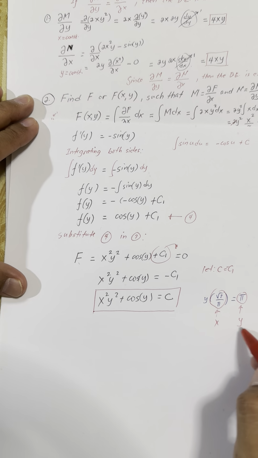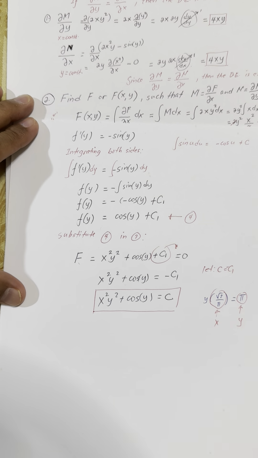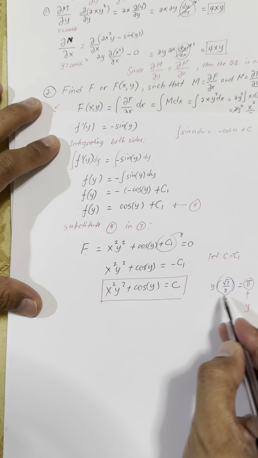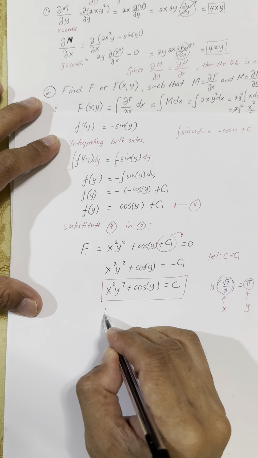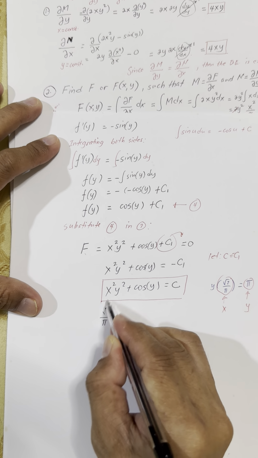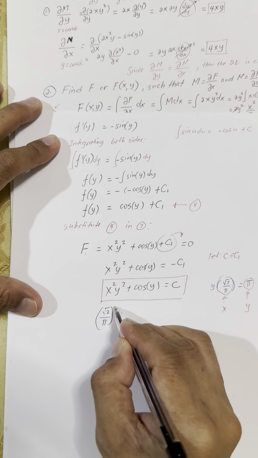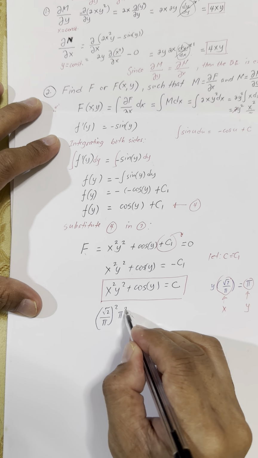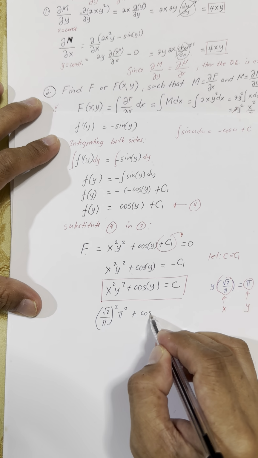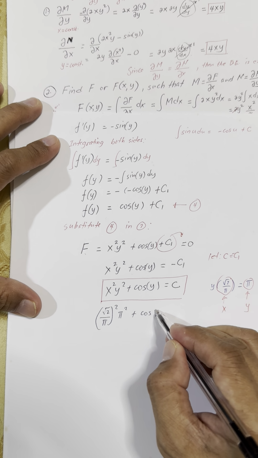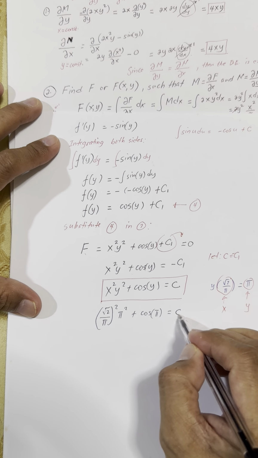So substituting this to this equation, then we can solve for the constant. Okay, so let's substitute. We have our x is square root of 2 divided by pi, then this is squared, so square this, then y is equal to pi, so pi squared, plus cosine of y, where y is equal to pi, okay, then equal to c.